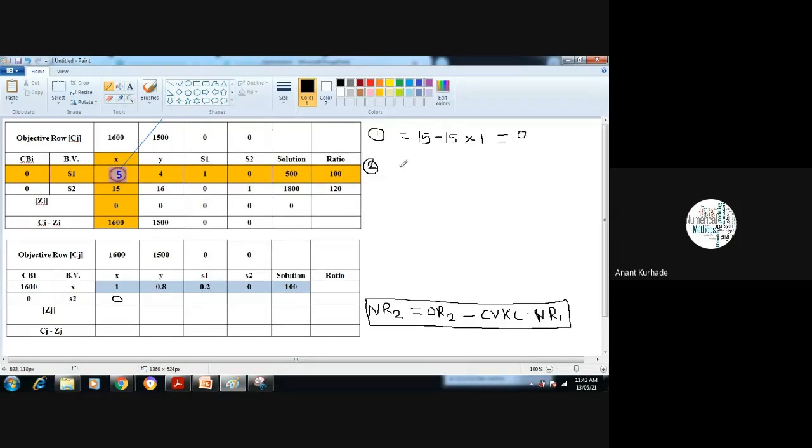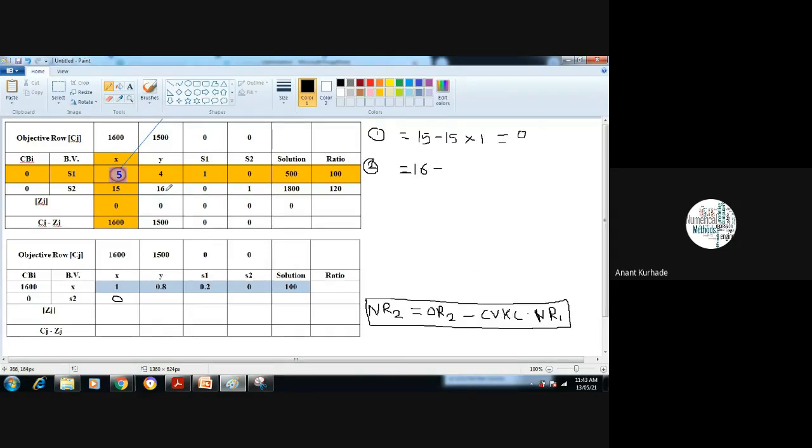Next. What is given here? The old value of R2, whether it is 15 or 16. It is 16. So write down 16 here, old value 16 minus CVKC, the corresponding value of key column.